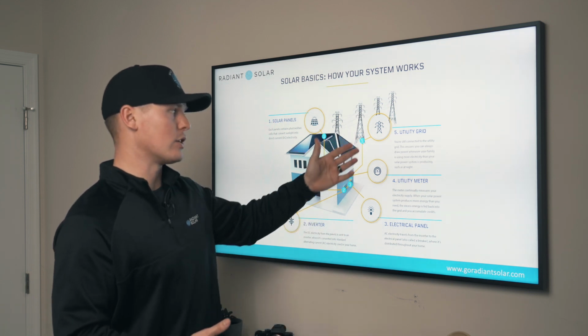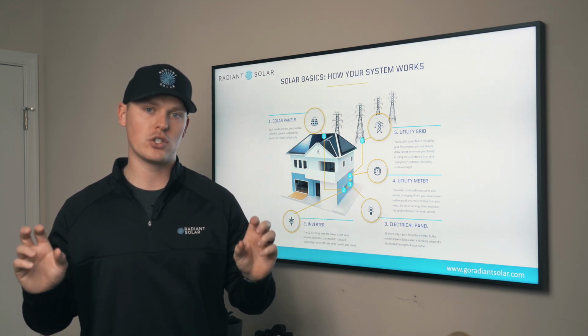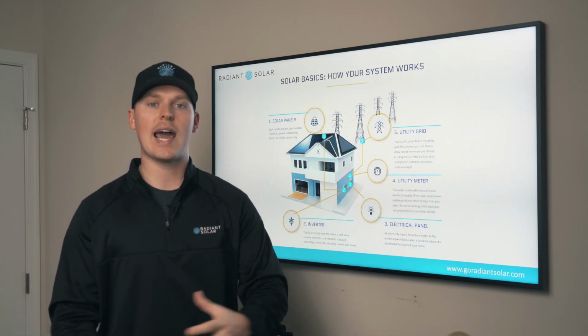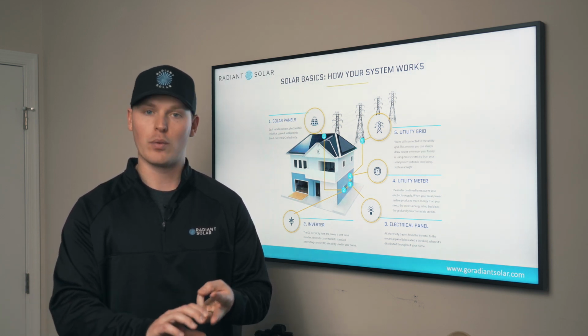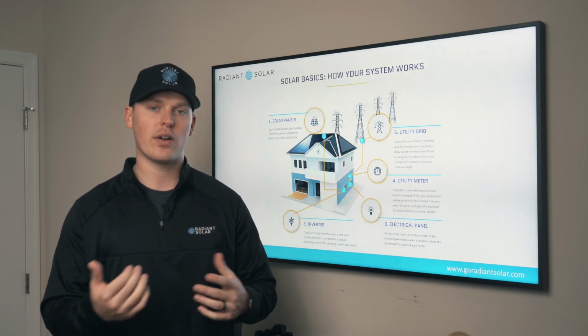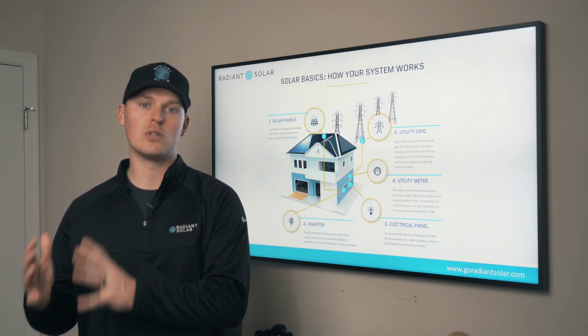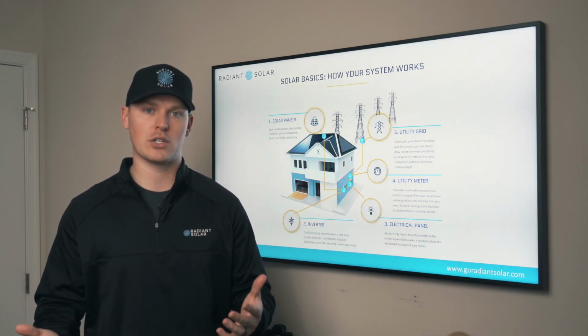But really, you're building a credit with the utility company. They're acting as your storage temporarily for you to use that energy at a later time, whether that be evenings, night times, inclement weather, the following week, or the following month. It's very common to build credits and then use that credit later in the year when your energy usage is much greater.